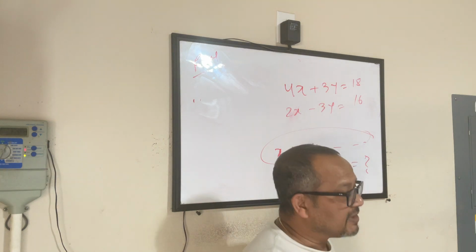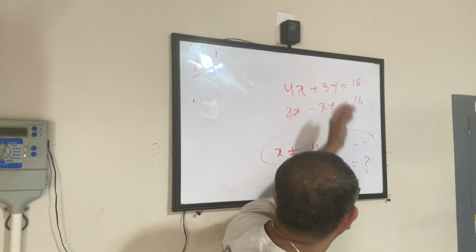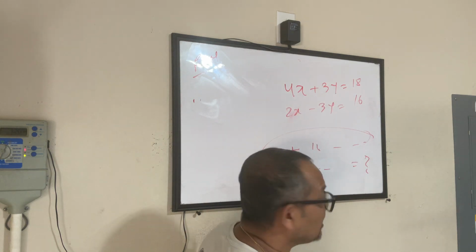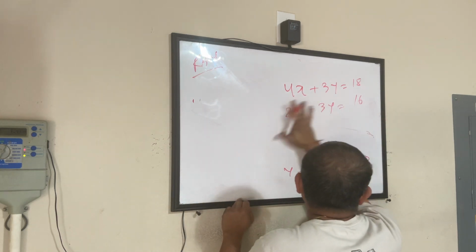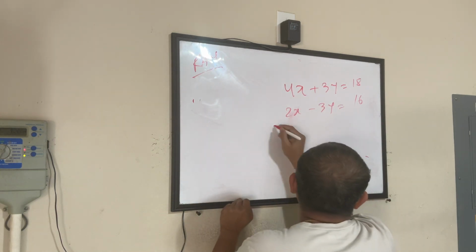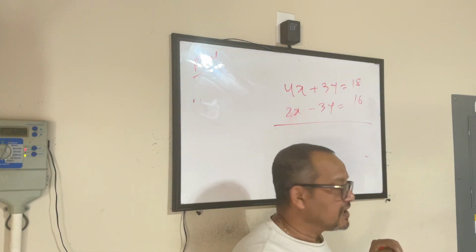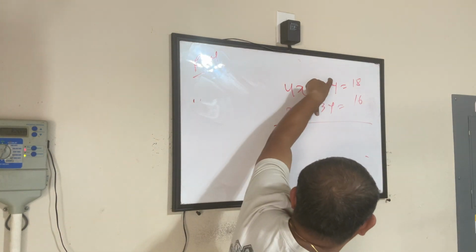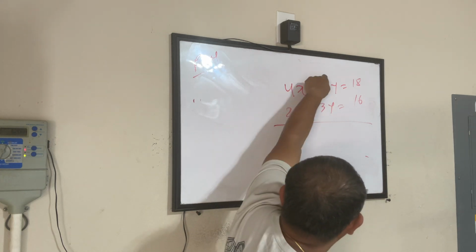When you say method of elimination, meaning instead of two variables, you want to eliminate one of the variables. That is exactly what I did when I said I will add these two equations. Because when I was trying to add, I knew that I have the way to knock these two guys off.